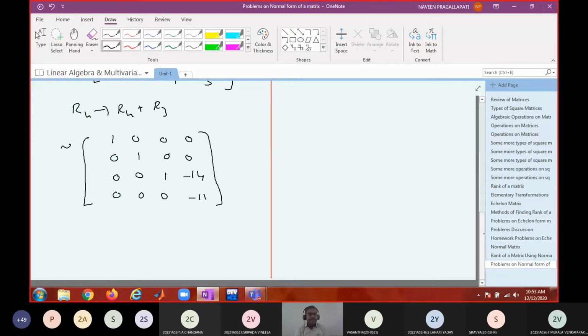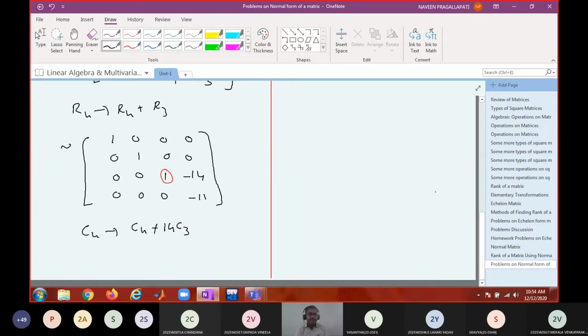So last one, C3 gets C4, C4 gets C4 plus C3.